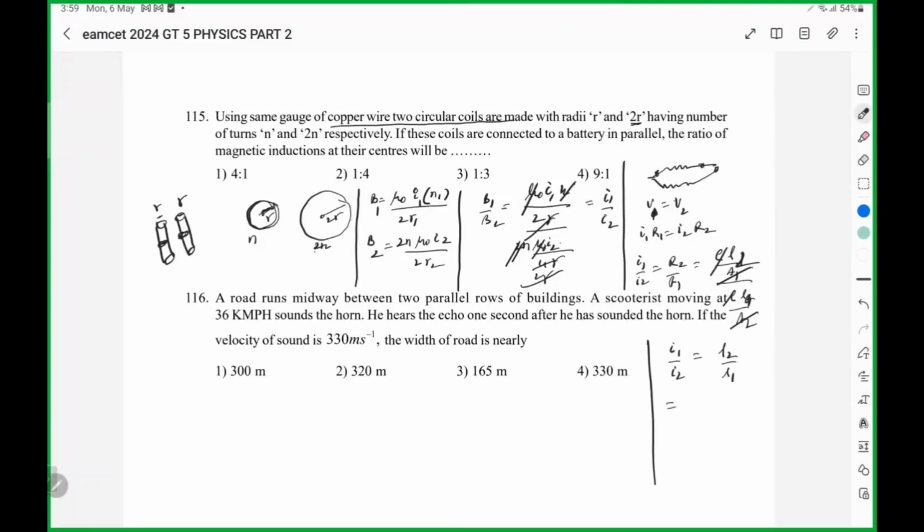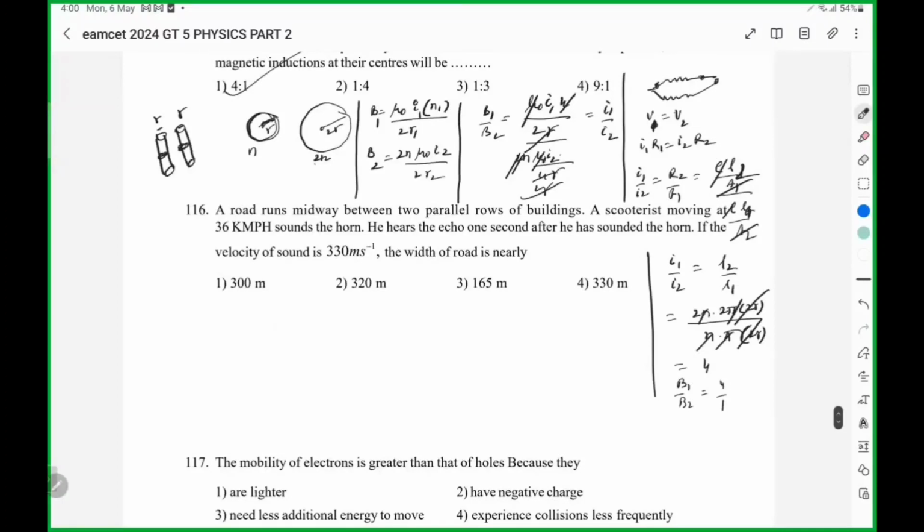L2 means it is having 2n turns. The circumference of each coil is n turns, pi R, pi into 2R. So B1 by B2 is 4:2.